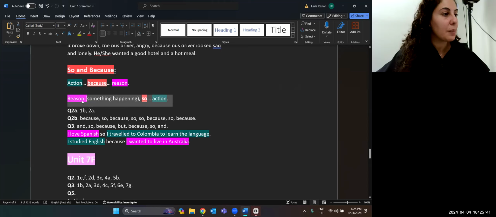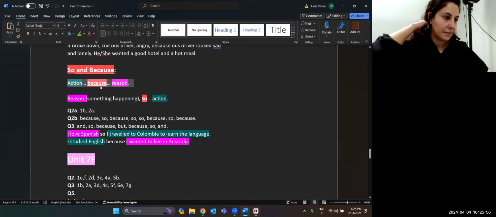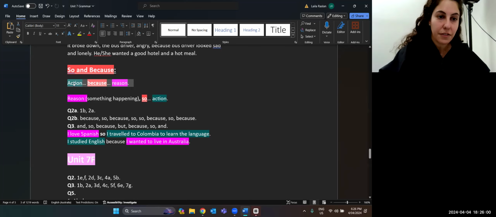So we can see in number 2, number 2A: I felt sorry for the bus driver because he looked sad. That's using because in the middle of the sentence. Okay, so that's the sentence that gives the action first and then the reason.